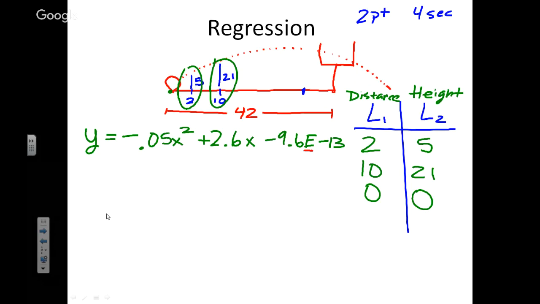That's the way the calculator does it. So that E means that really this decimal place right here needs to be moved because it's negative 13 spots this way. And if I were to move that 13 spots, I go 9, 6, and then 1, 2, 3, 4, 5, 6, 7, 8, 9, 10, 11, 12, 13.